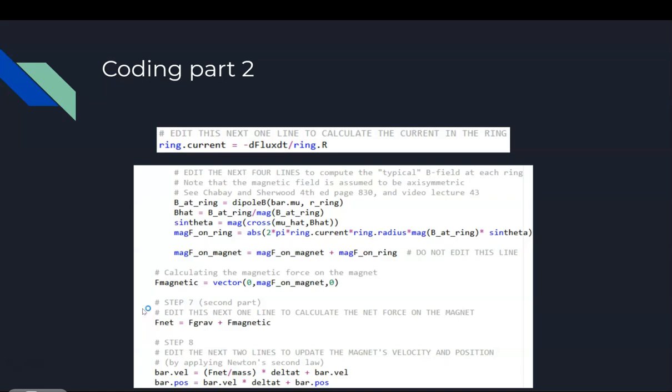On the next slide, we edit the current in the ring with this formula right here using the previous slide's information. And then we computed the B field, the magnetic force, and the net force, and basically the velocity and position of the magnet as well.